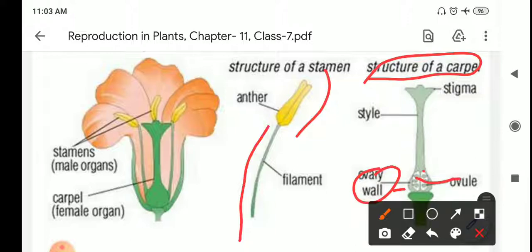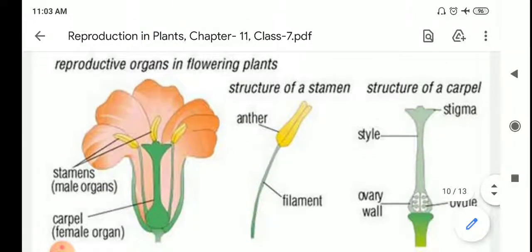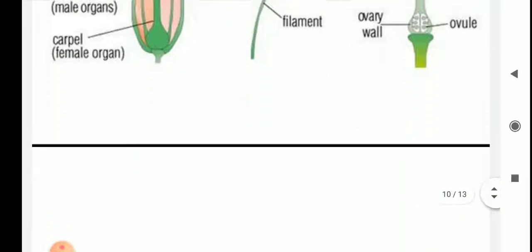This thin and long structure is the style, and on top of it is the stigma. Learn the spelling of the names. So these are the reproductive organs in flowering plants.